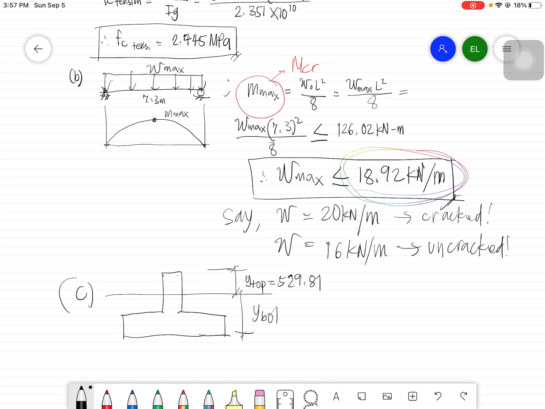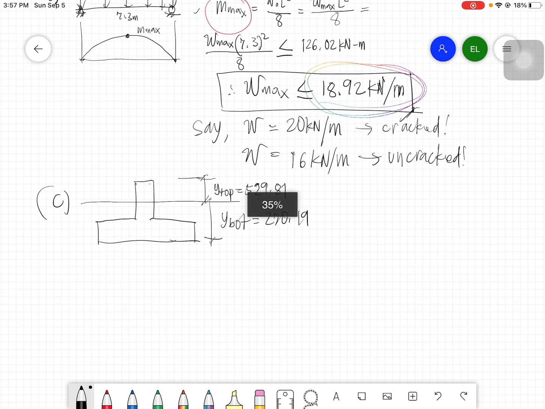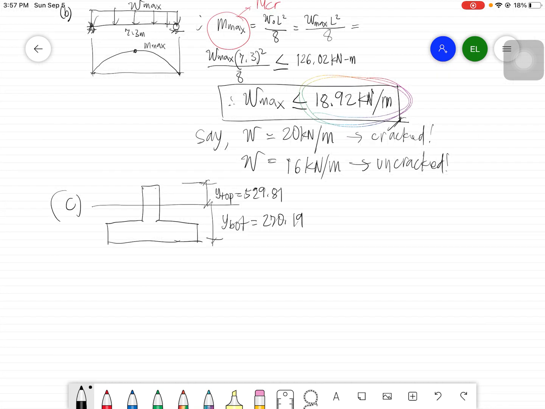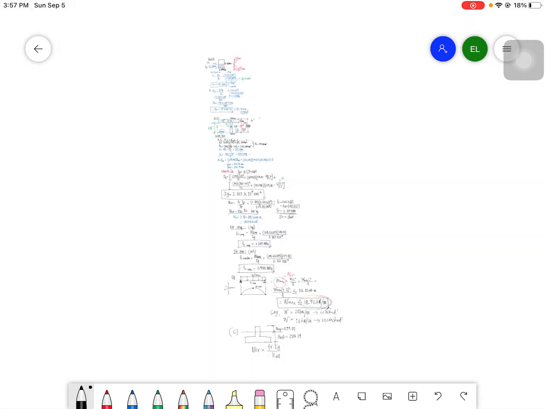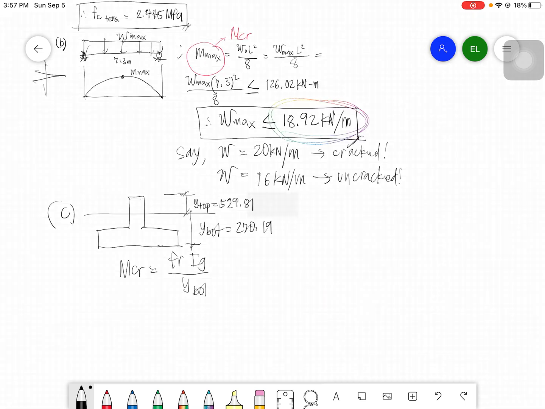Then y at the bottom would be 270.19. Okay, so therefore we have a different value of MCR here, because take note that MCR is equal to FR times IG over Y bottom. Okay, this is Y bottom.